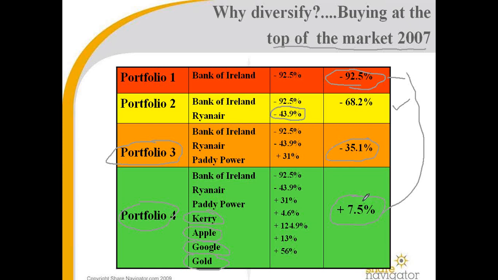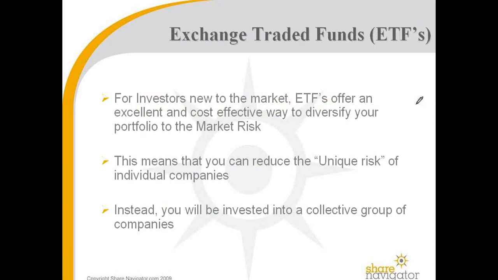Now, that begs the question. Unfortunately, not everybody has enough money to be able to invest into 10 to 15 stocks. We fully appreciate that. So what can you do? We think exchange-traded funds, folks, are the place where the total beginner should start investing their money in the stock market. Why? Because they're diversified funds.